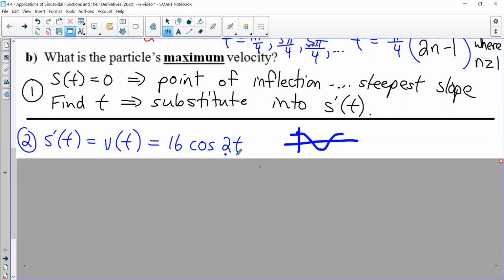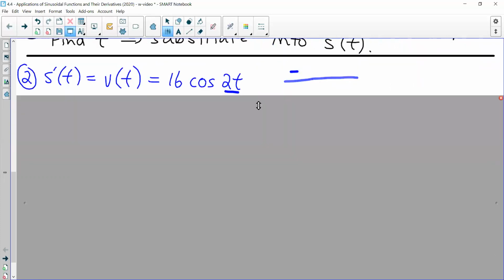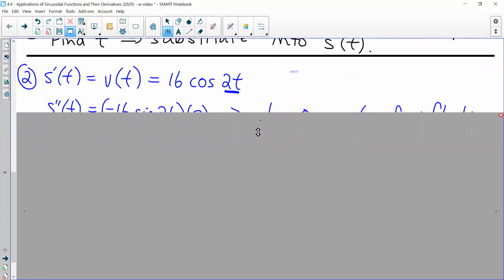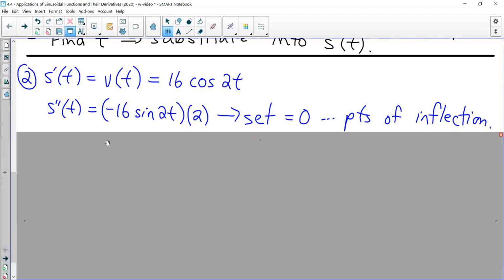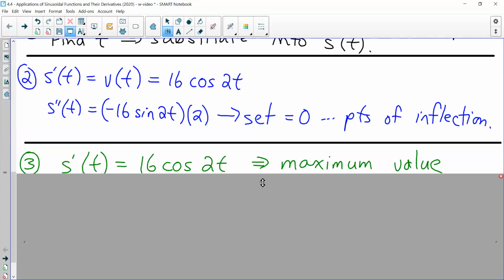Don't worry about the period too much because you're more concerned about the maximums. So logic will work, graph will work. Now, if you're looking at trying to find those points of inflection, that would occur at the second derivative, setting that equal to 0. So that's technique number 2.